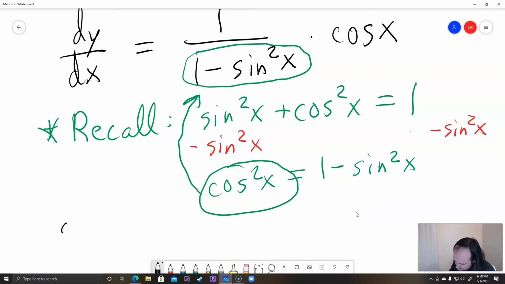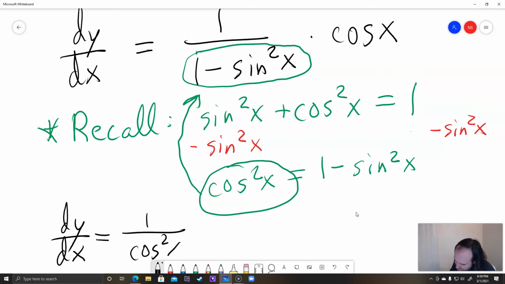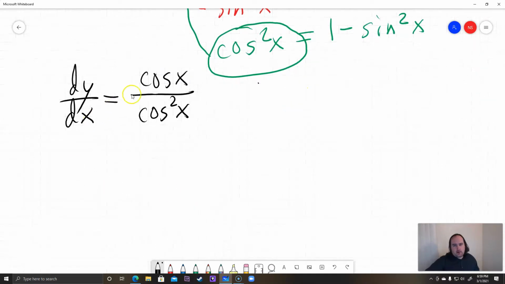Okay, so we're going to get dy dx equals 1 over cosine squared of x times cosine of x. Okay, but this cosine of x is on the top and the cosine squared of x is on the bottom. So one of those cosines is going to cancel out with the square.